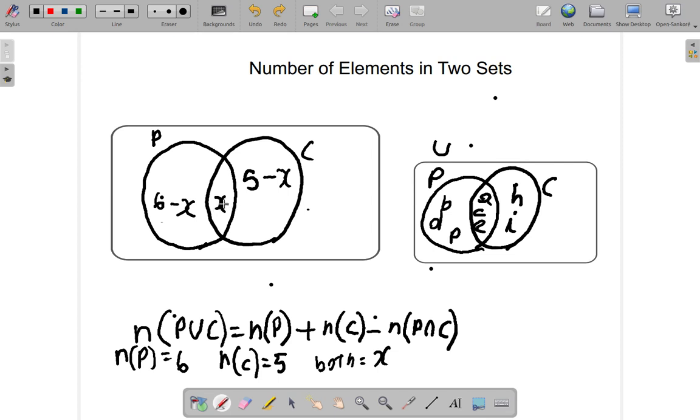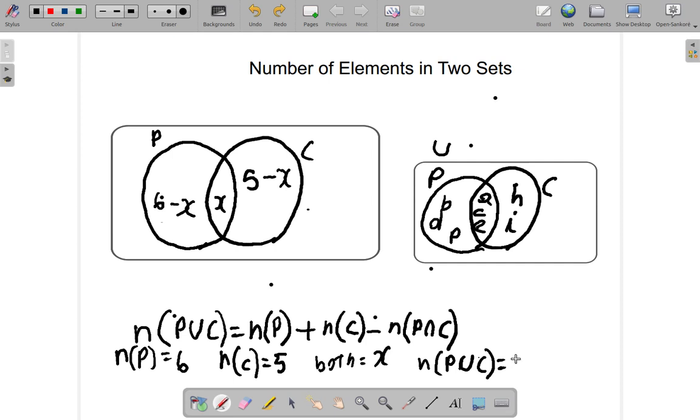Now the statement would also say the number in P and C, which means the union, is P only or C only or in both.